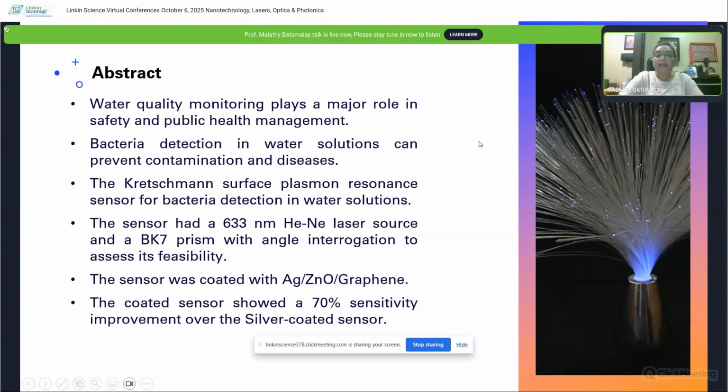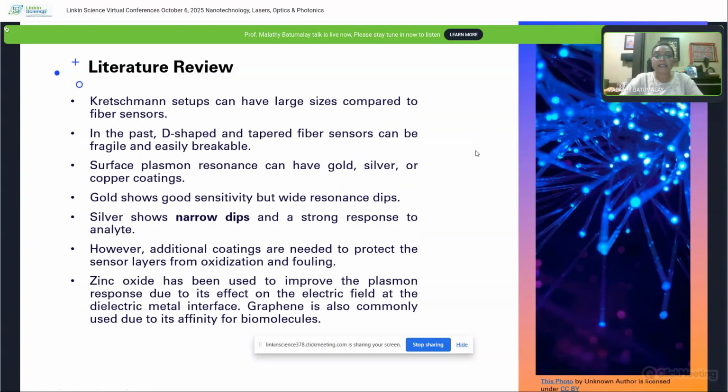We have done some preliminary studies where we found out that in the past there were several researchers who came out with the idea to use D-shaped and tapered fiber sensors, which were found to be fragile and easily breakable.